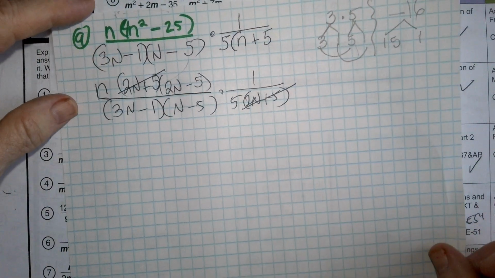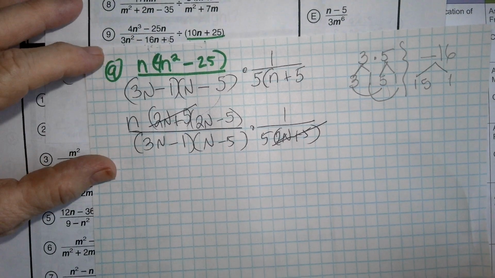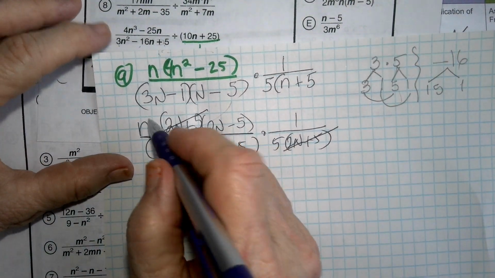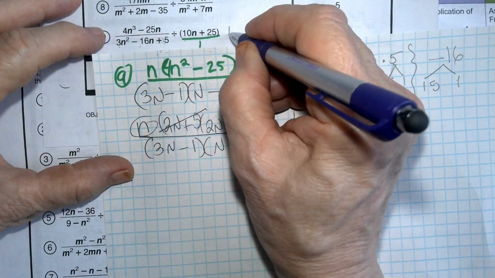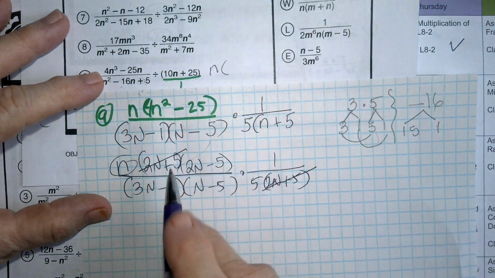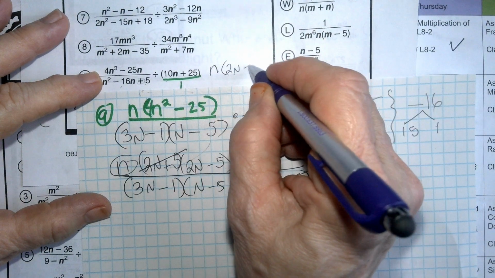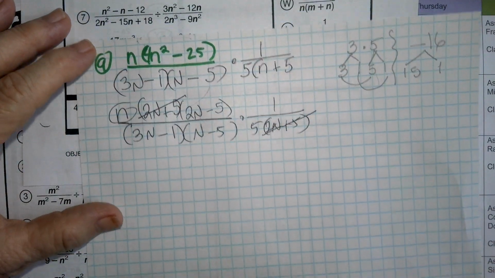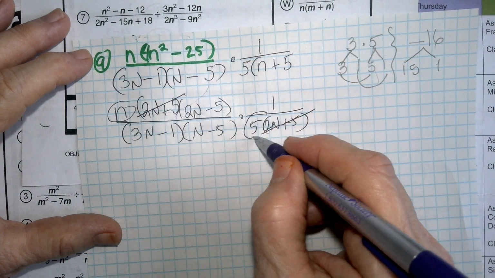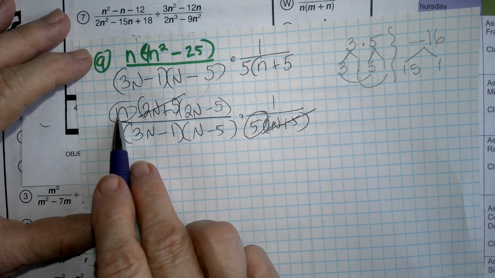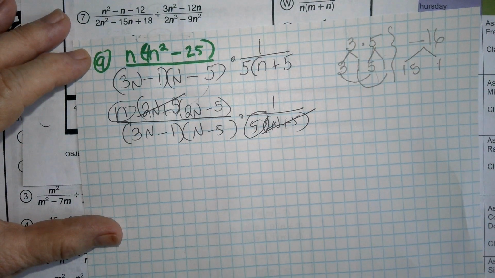Yeah, so what's left, and I'll see if I have room to write it. What's left is there's one n, so it's n times our 1 parentheses, 2n minus 5. And on the bottom, what has to go first is this 5. So single n's and single digits are going to go in the front.